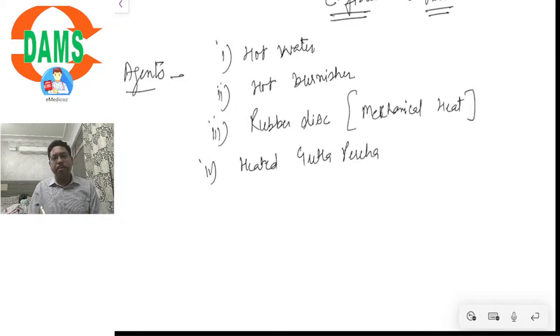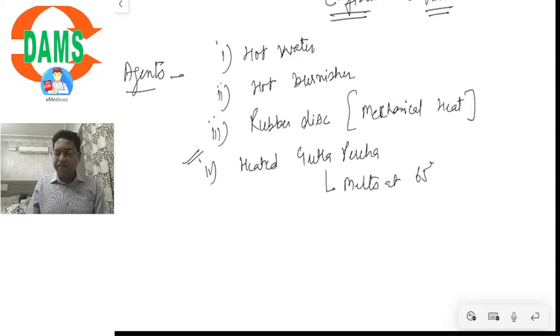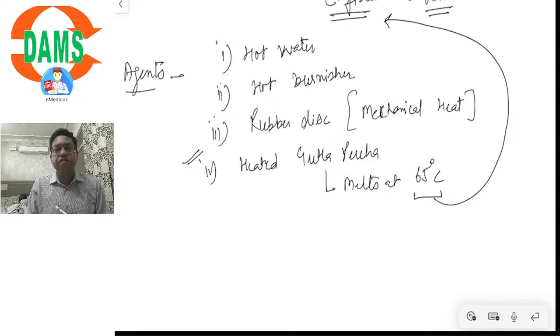Heated gutta percha stick. This heated gutta percha is one of the most reliable methods of heat application because gutta percha melts at 65 degrees Celsius, and this is the temperature which is required for the successful stimulation of C fibers. So whenever I am using a gutta percha stick and heating it over the flame, the moment it starts to soften and melt, the temperature is sufficient to stimulate the C fibers of the pulp.